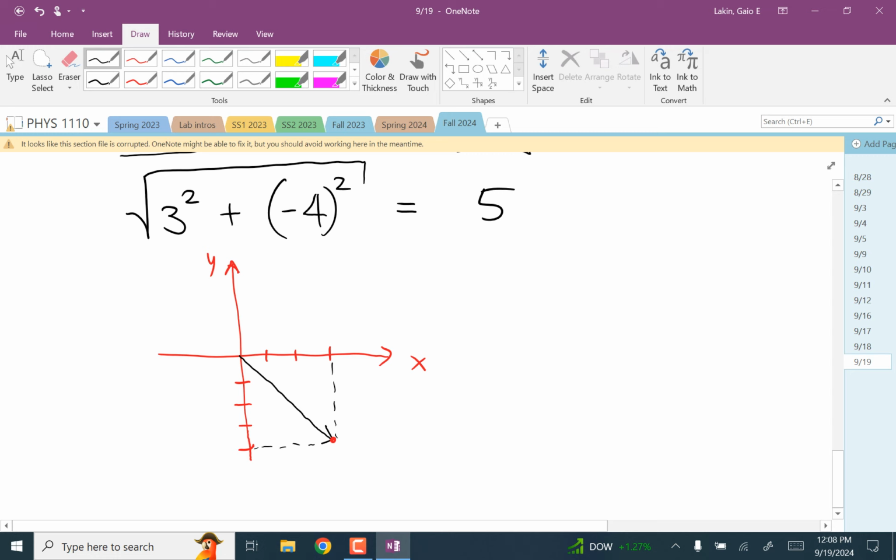What that 3 and negative 4 mean is this length is 3. This length goes in the negative direction and it has a magnitude of 4. And this makes a right triangle. So it's the Pythagorean theorem. The magnitude of the vector is just the length of that hypotenuse. So if you remember that, it's easy to remember how to calculate the magnitude of a vector.